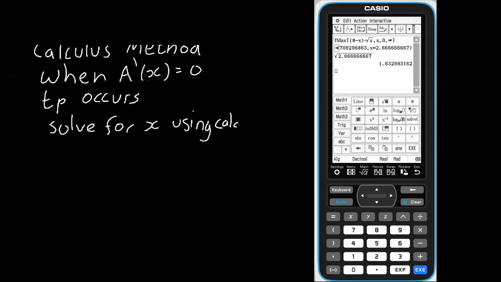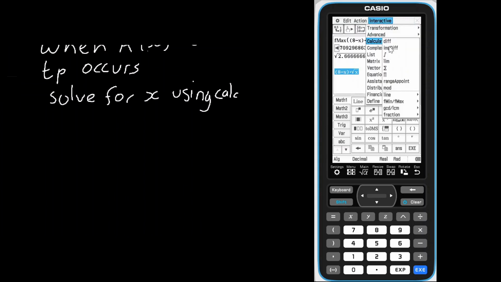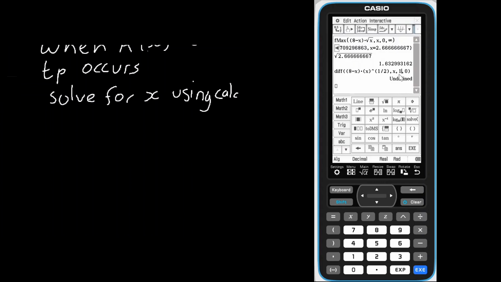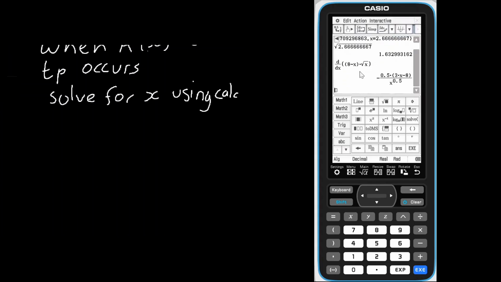Okay, so what we can say here is use our calculator. I'll just grab this equation from up above, and I can go calculation, diff, I can find the derivative. Sorry, I just need to go interactive, calculation, diff.